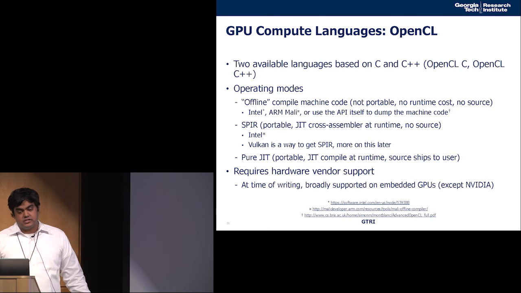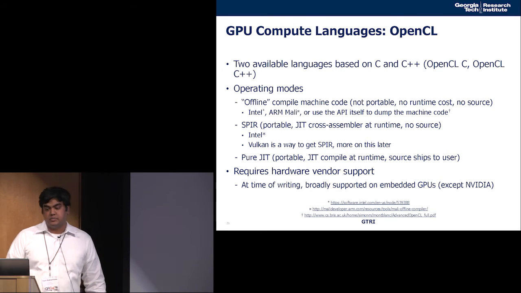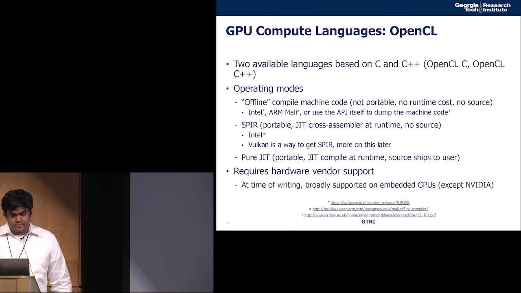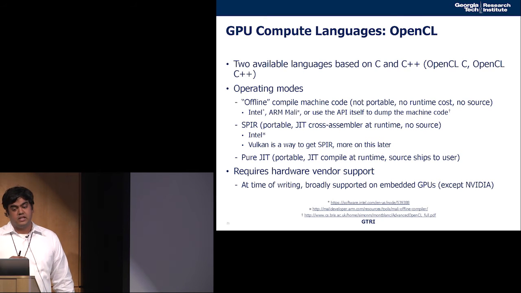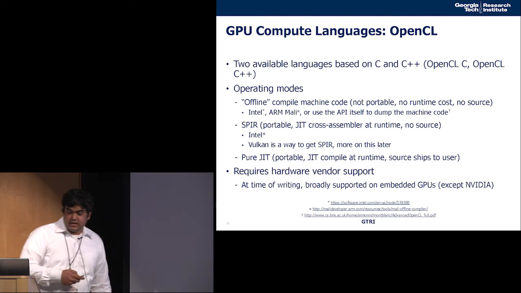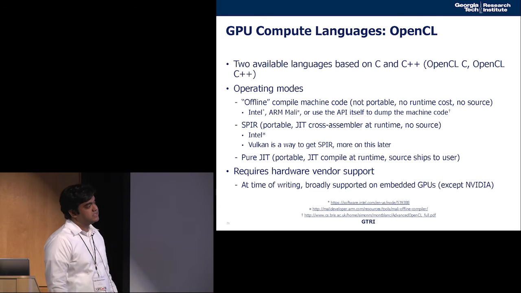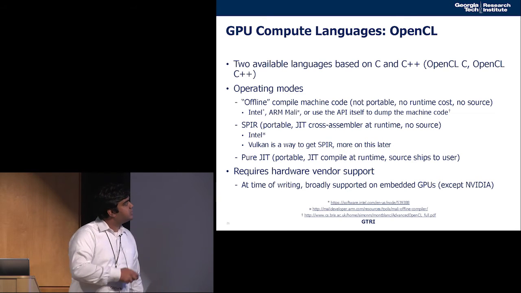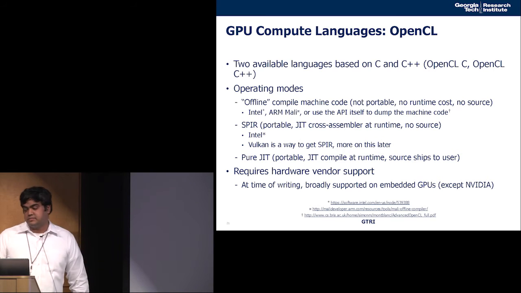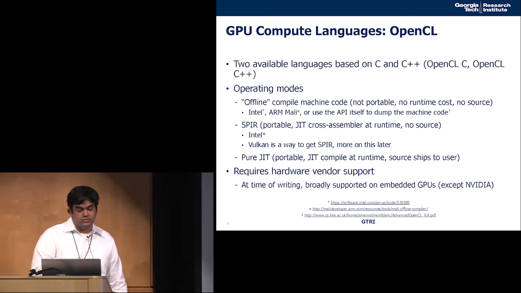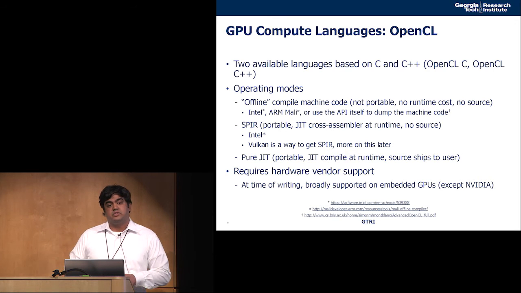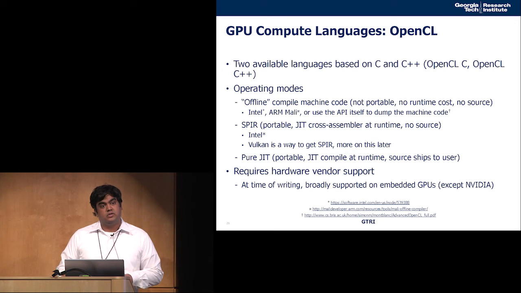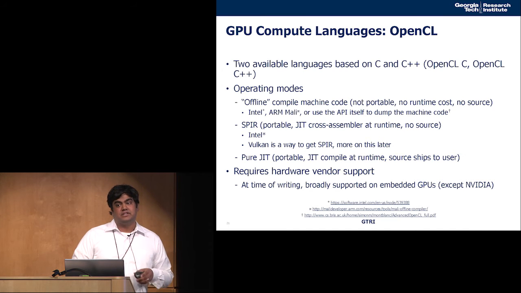Okay, so there's 2 compute languages. There's OpenCL, as I talked about here. Aside from shading languages, which is a weird approach where you're trying to shoehorn graphics primitives in, there's compute languages like OpenCL. These are 2 languages based on C and C++. There's various operating modes, and in the interest of having some time for questions later, I'm not going to tell you much more about these other than to say you can either ship source code to the person using your OpenCL code, or you can choose not to, but then you lose portability.